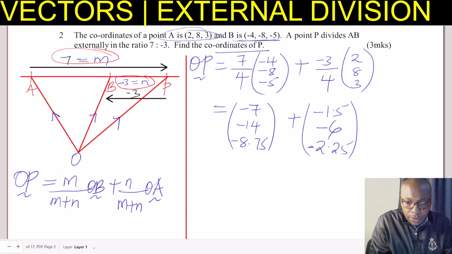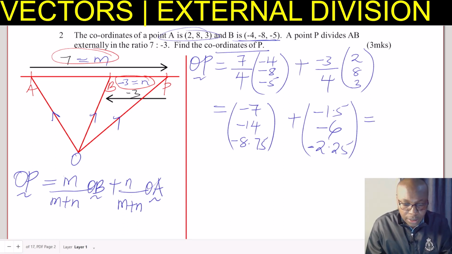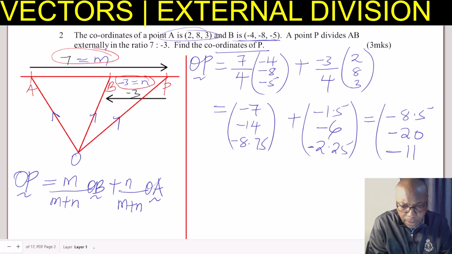So from there, we simply need to add. Negative 7 plus negative 1.5, that will be negative 7 minus 1.5, that will be negative 8.5. We go to the second row, negative 14 plus negative 6, that will give negative 20. Then negative 8.75 plus negative 2.25, that will give negative 11.